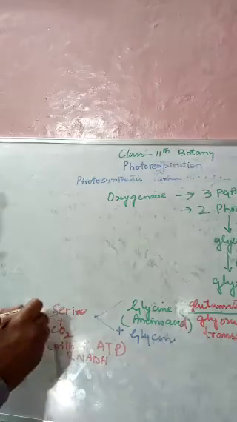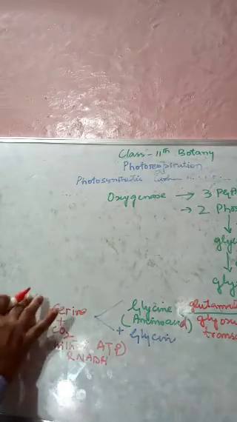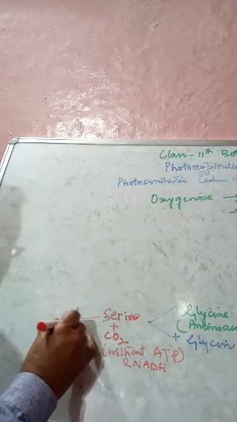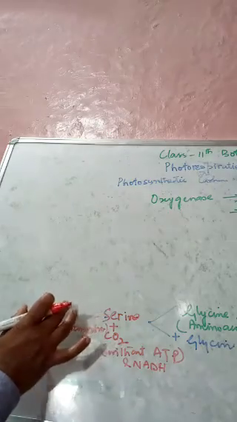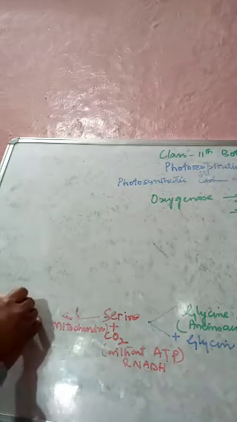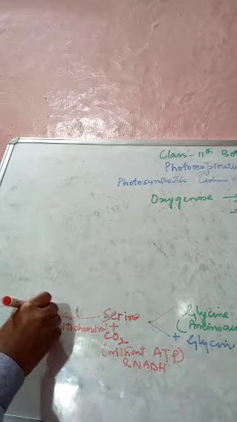Finally, the serine passes into mitochondria and is converted into carbohydrate.